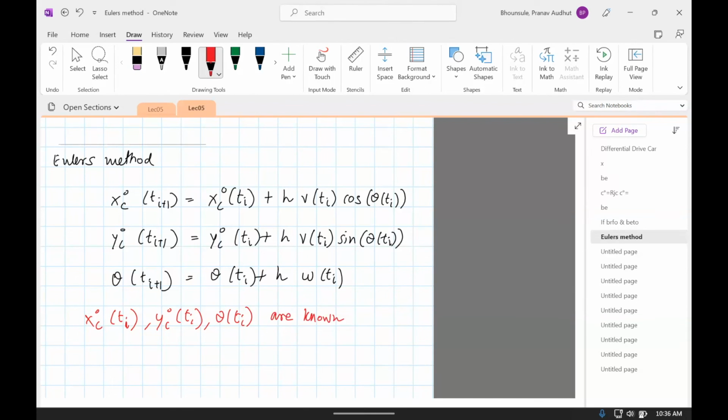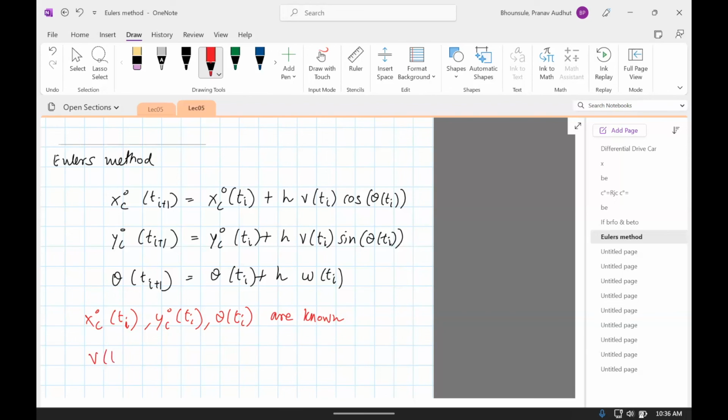You know something about the state of the system at time step t. So beginning with 0, you know how the configuration is at time step 0. Then you can compute what happens after a small time step h, and you can do it at 2h and 3h and 4h, and that's how this equation works.